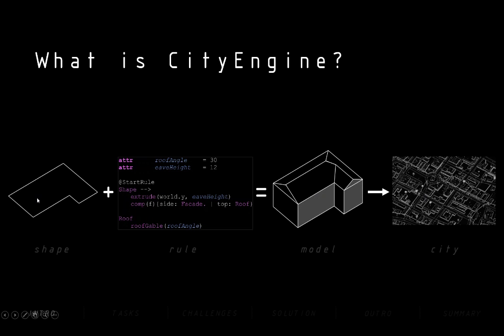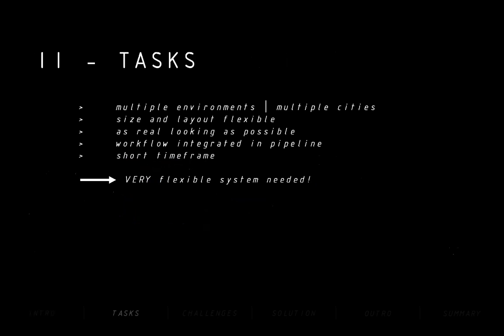So examples of a shape can, for example, be a building footprint, a parcel, or a street shape. The rule then takes this shape as an input geometry and processes it into the resulting model. Rules are already available for downloading for free, or if you need quite specific rules, CityEngine service providers such as, for example, vrbn can of course help out.